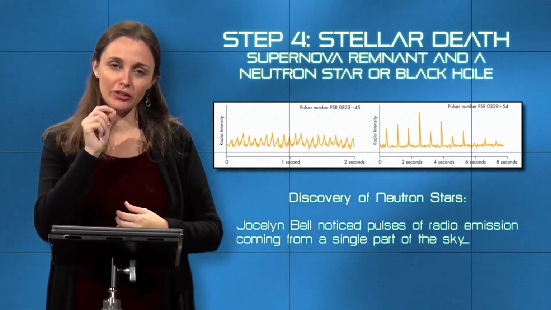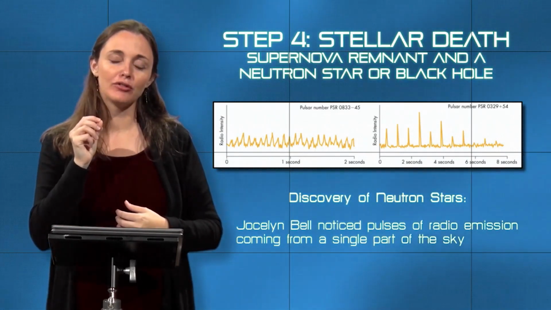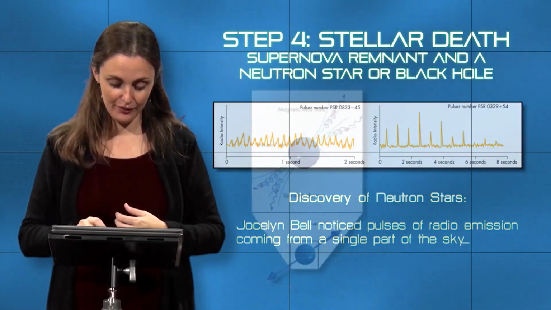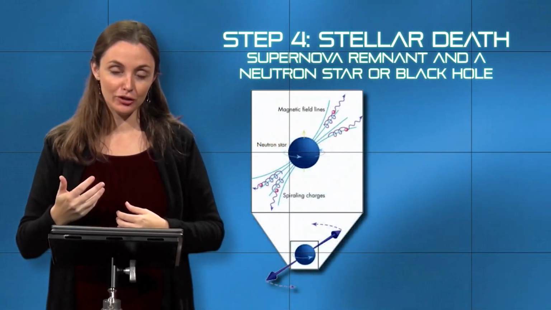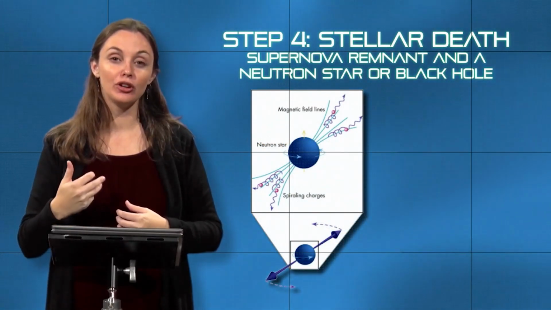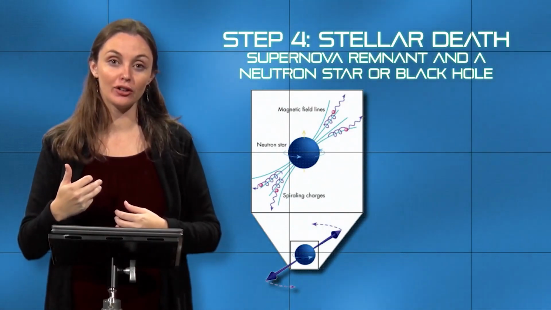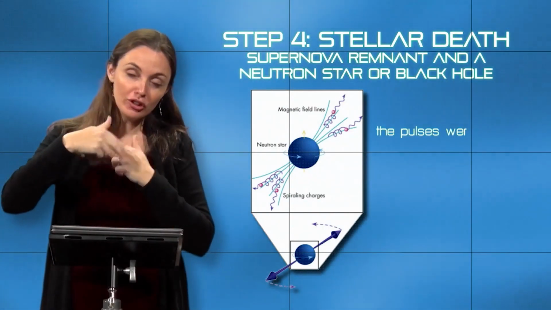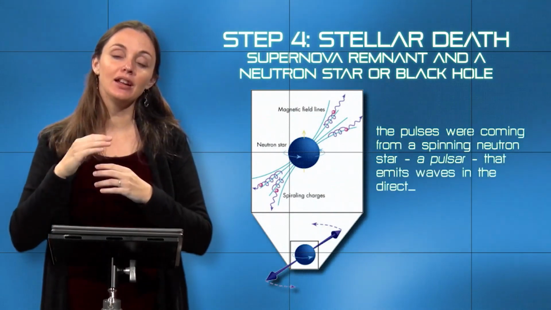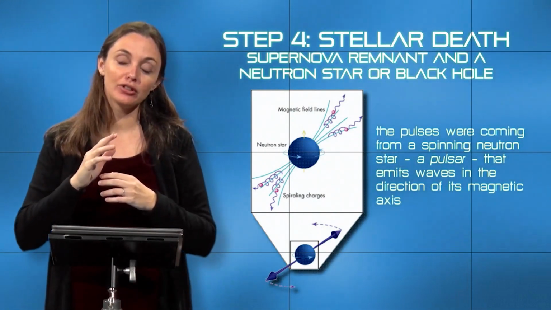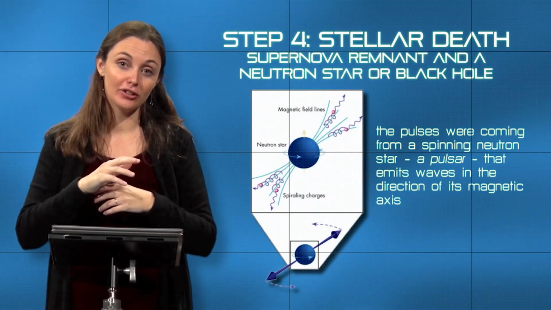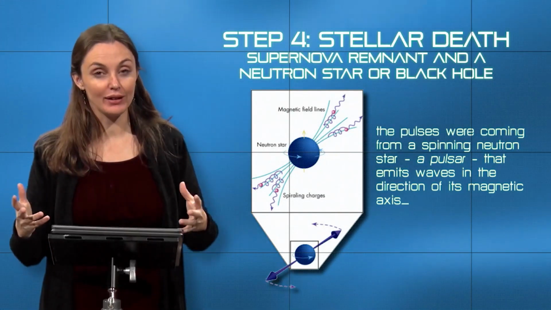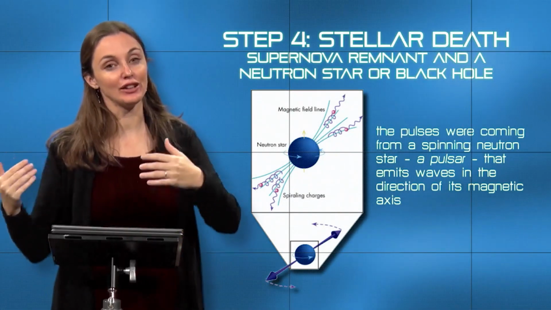So these pulse at many, many hundreds of times per second. And what they actually are is rapidly rotating neutron stars. So they're spinning around really, really fast and emitting these radio waves outside of their magnetic field. In order to even have a magnetic field, they have to be at least slightly charged.